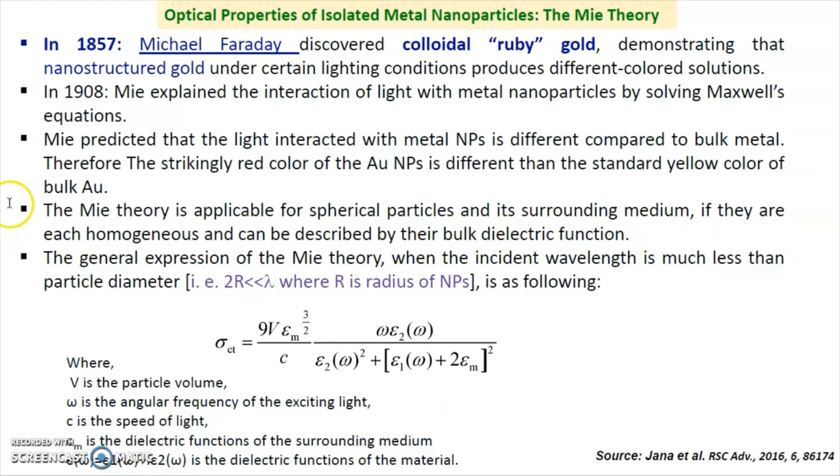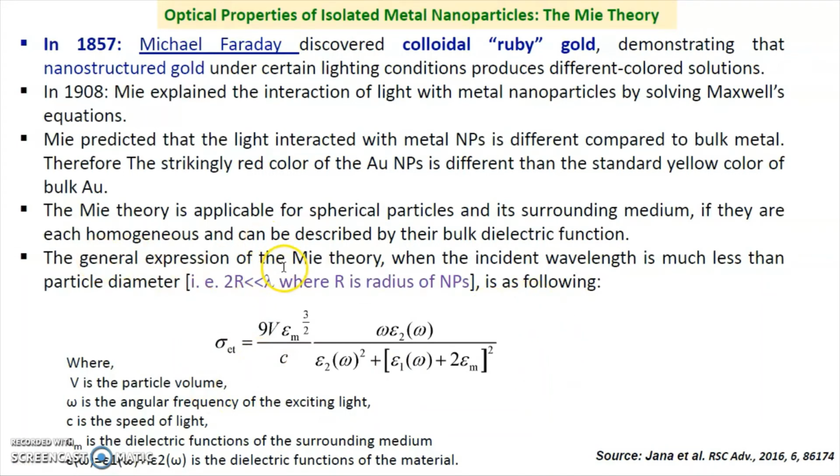Similarly, the Mie theory is applicable for spherical particles and their surrounding medium, if they are each homogeneous and can be described by their bulk dielectric function. So we need parameters like the dielectric constant of the surrounding medium and of the metal, which is the dielectric constant for the bulk material. He used all these parameters and calculated the sigma extinction for gold nanoparticles.